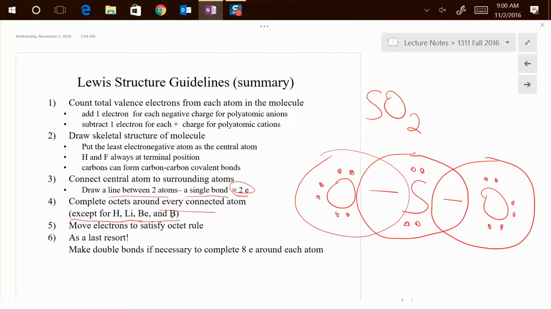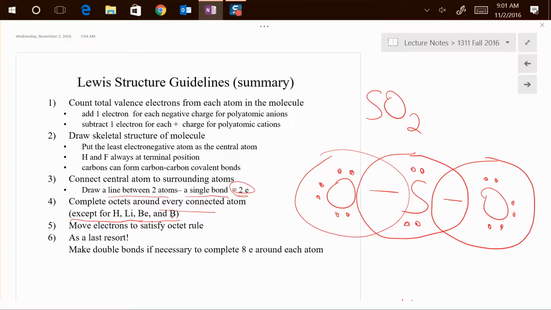So you will not put 8 valence electrons around any of those. How many valence electrons am I going to have around boron in my structure? 6. How many around beryllium? 4. That's what I need to remember about those. Carbon is where the octet starts. Before that, you can't.